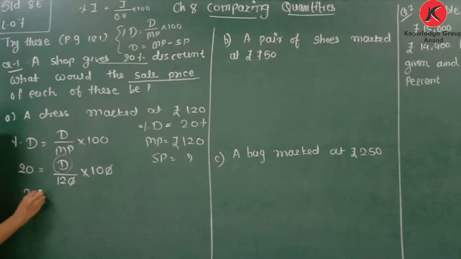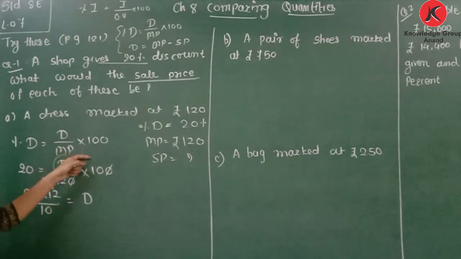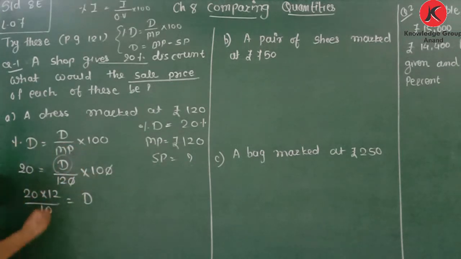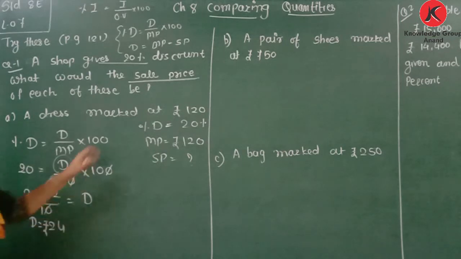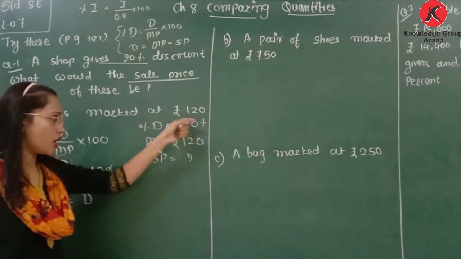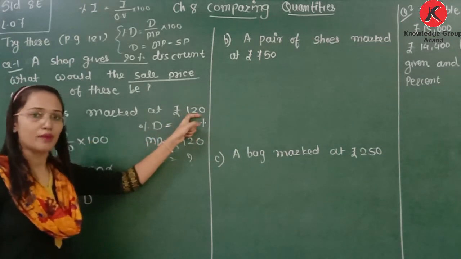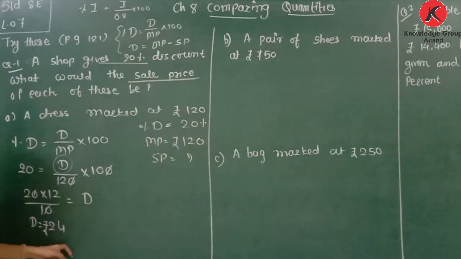So we have 20 multiplied by 12 divided by 10 is equal to D. It means from this equation we will get the money or rupees discount. So we can cut here 0. So discount is 24. Means if 20% is discount, then on 120 rupees marked price, we need to pay 24 rupees less.